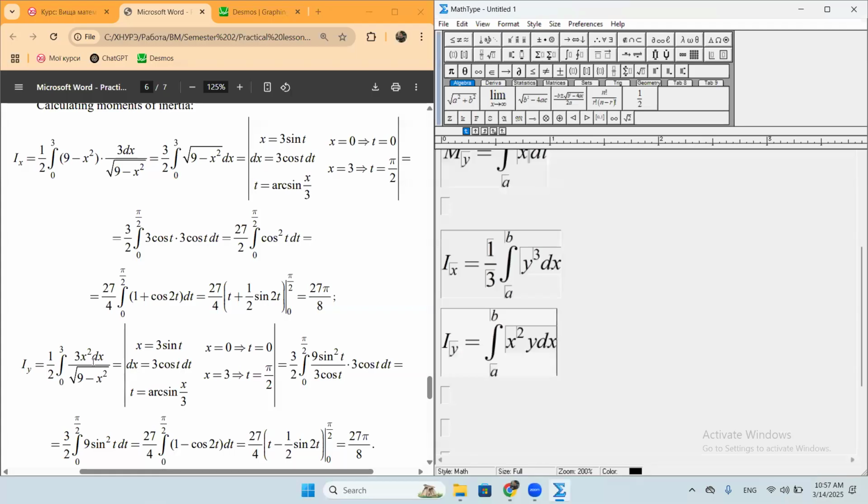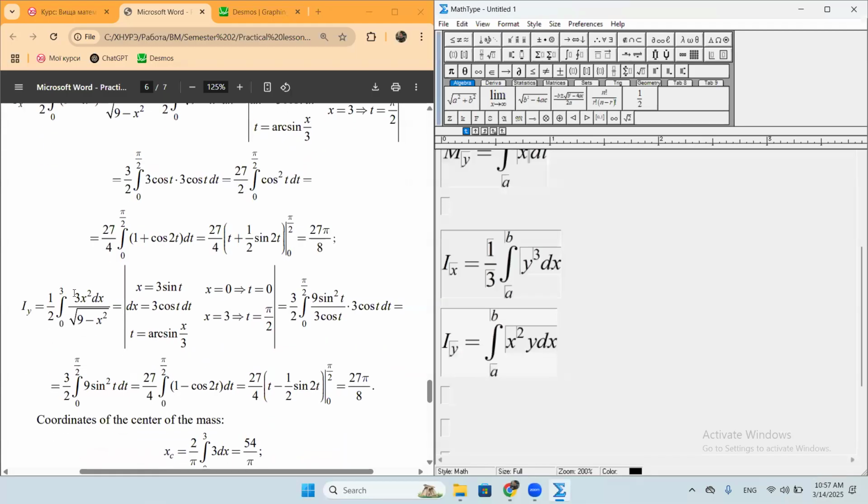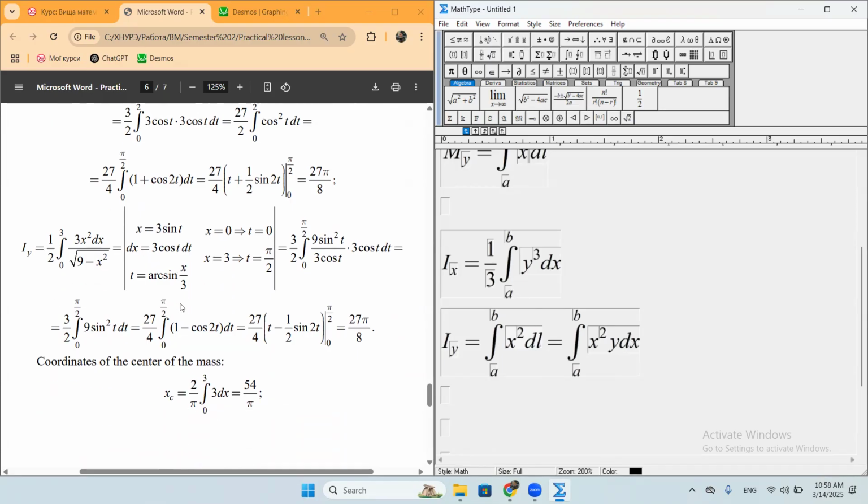And here we can use either this formula or another formula, from a to b, x square dl. So either this or this formula, and the result will be the same. Here we use trigonometric substitutions to calculate.